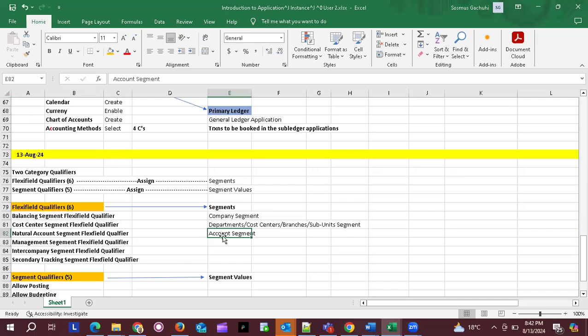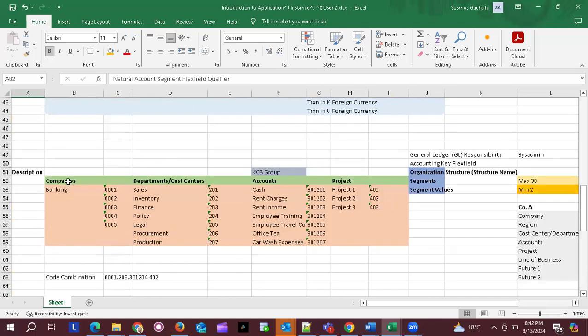We usually assign it to the account segment because it will give the account segment the characteristics of the natural account segment Flexfield qualifier. But the moment we assume we can go directly to natural account, does it mean we will not have the level of company?